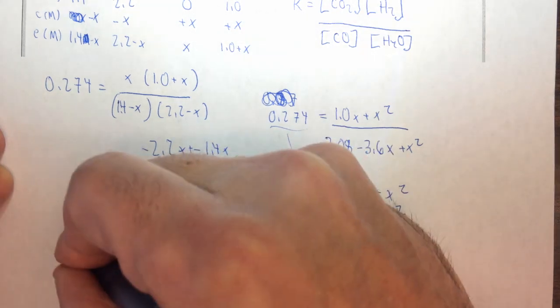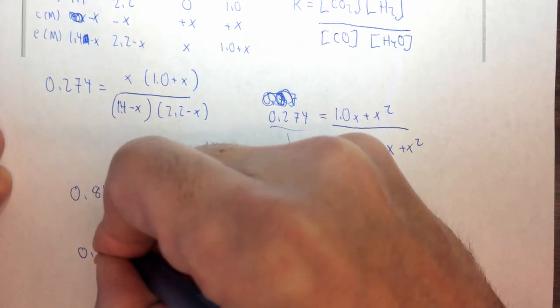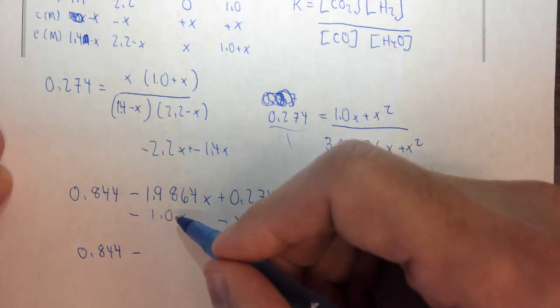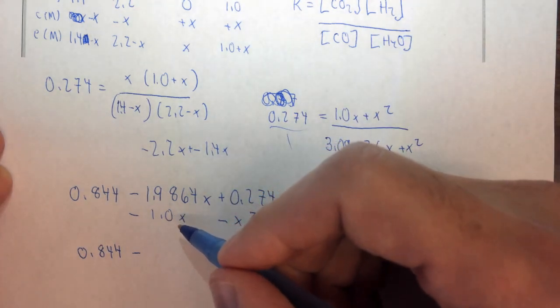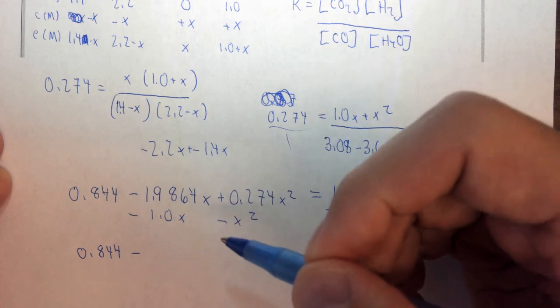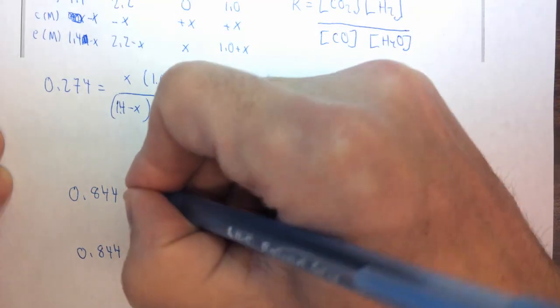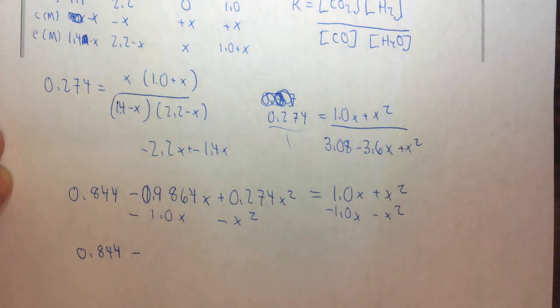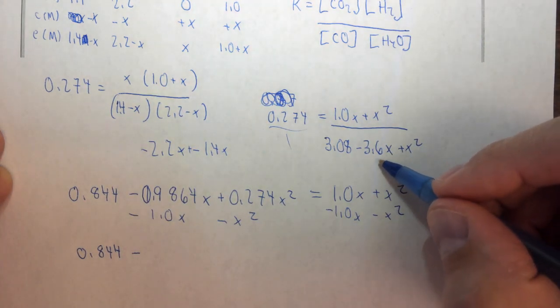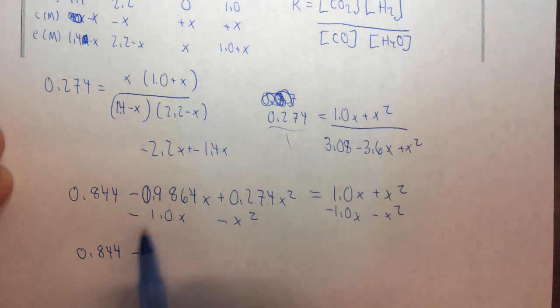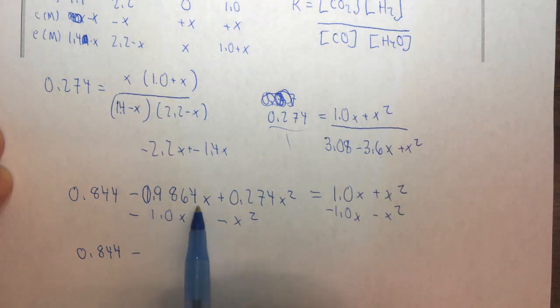When we do that, we get 0.844 minus... I have to apologize, I made a mistake here. When we multiplied this through, the minus 3.6 times the 0.274, it was actually 0.9864x, not 1.9864x.